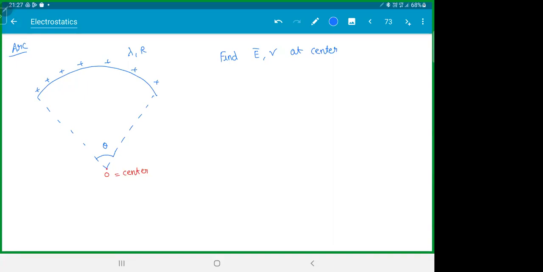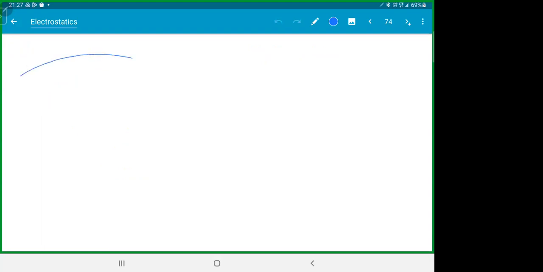See, how do you choose an element? Whenever you integrate vectors, now be careful. You can't integrate a vector directly. You have to always divide into i cap, j cap, and integrate.